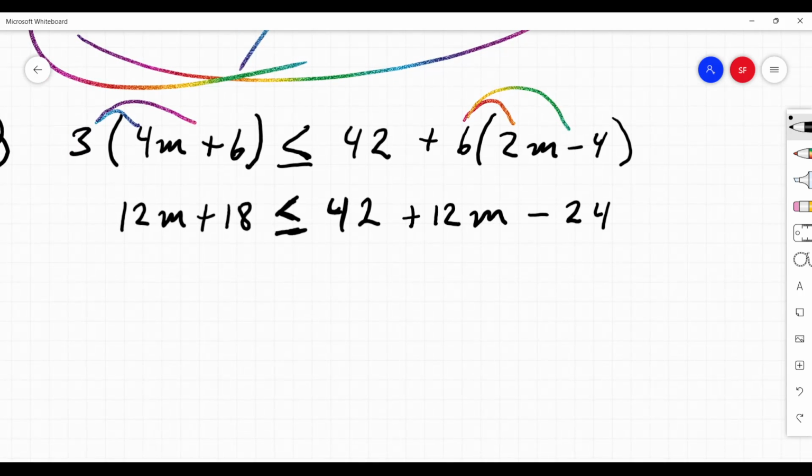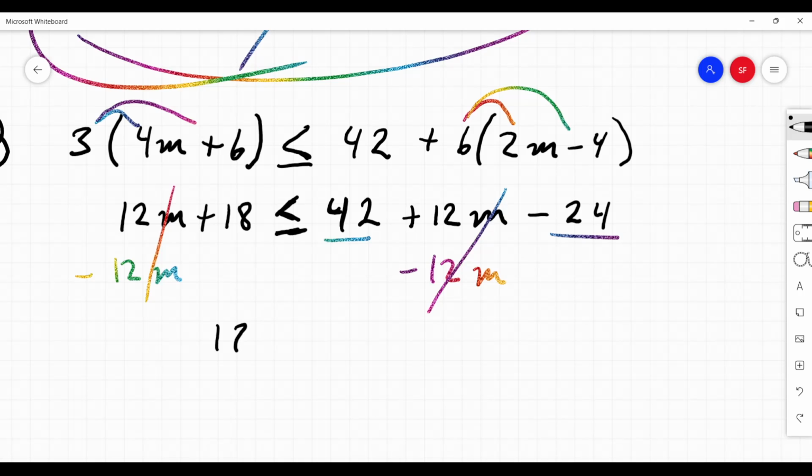Now what? Combine like terms on the right side, and I'm going to go ahead and subtract 12m. It's gonna be a no solution. 42 minus 24.